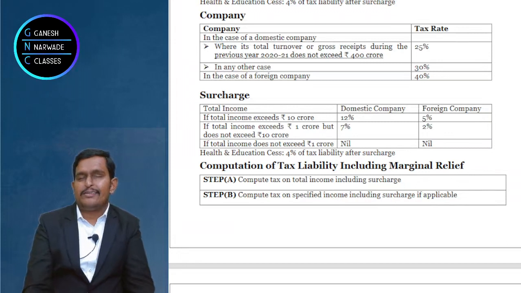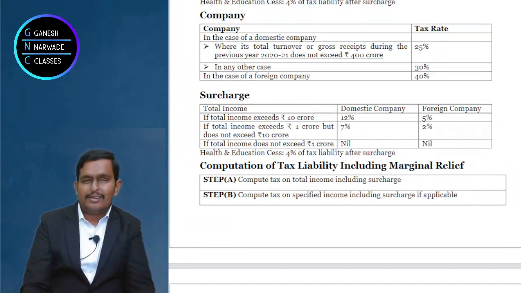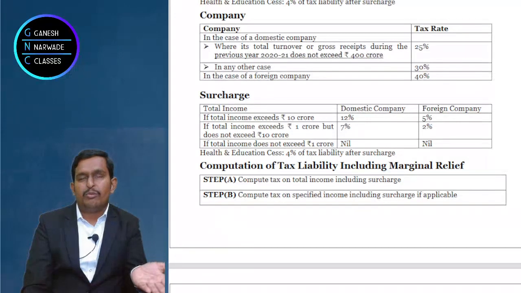Now tell me what is surcharge for domestic company. Simple, only two rates. What are they? Simply two rates, 7%, 12%. Right? If your income is more than 1 crore, right?